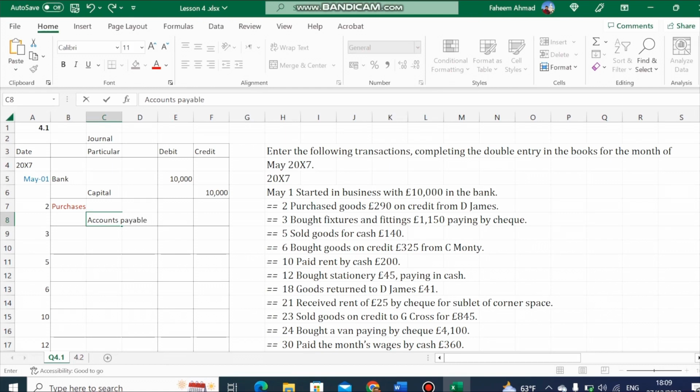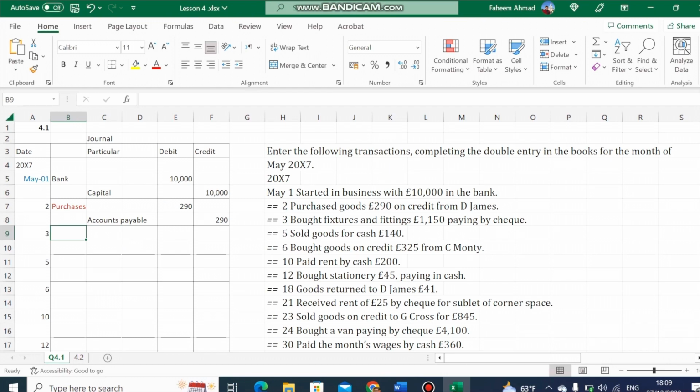Why am I crediting accounts payable? Because when business buys goods on credit, liability is increasing. When liability increases, we credit. What liability is increasing? Accounts payable is increasing. So amount 290, 290.